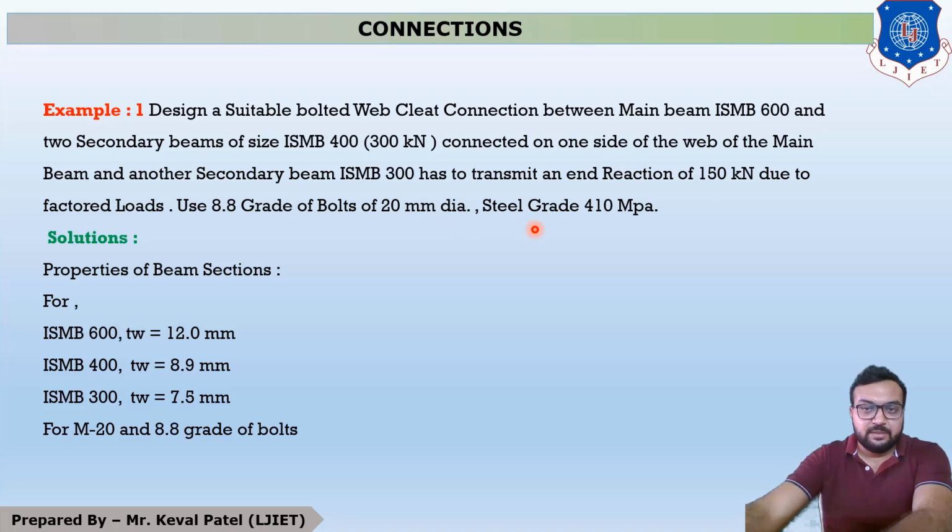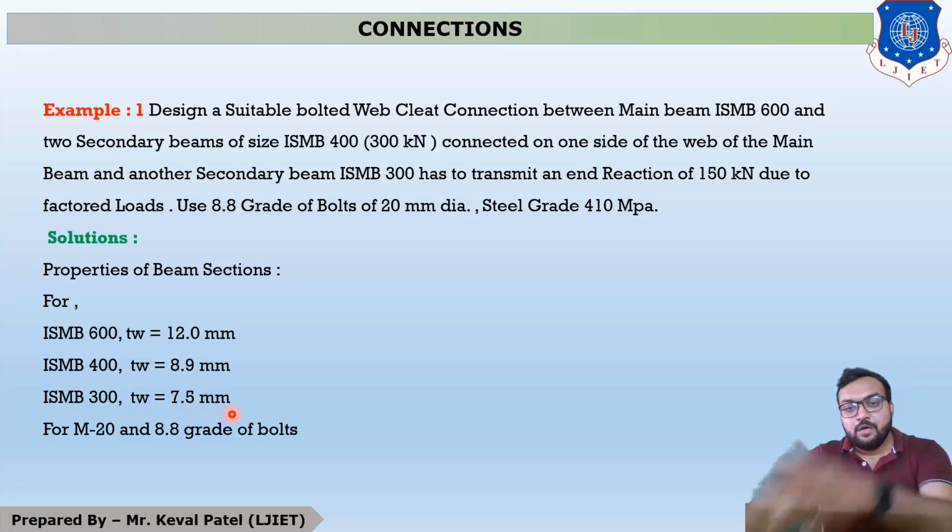Fe410 megapascal. Okay, so first of all, the properties of the given sections: for ISMB 600, our thickness of web is 12 mm. For ISMB 400, the thickness of web is 8.9 mm. For ISMB 300, our thickness of web is 7.5 mm.